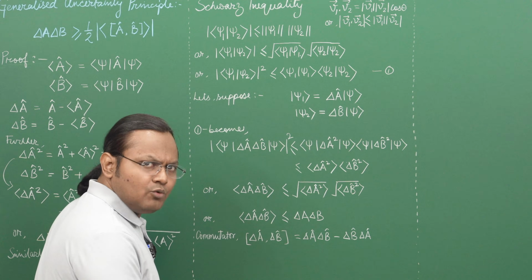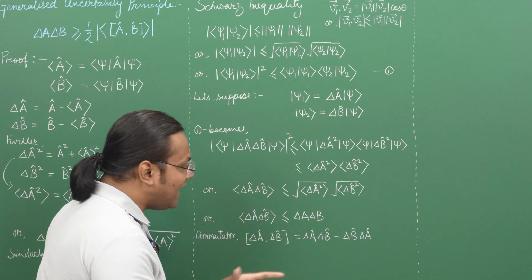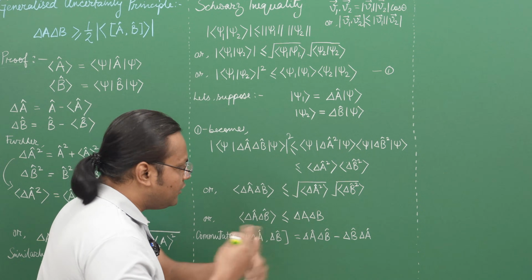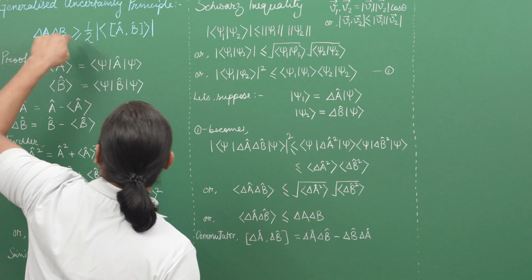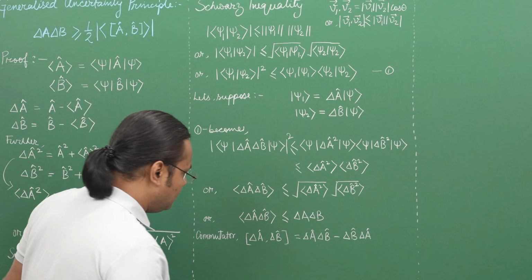If they're not equal to 0, we say that the operators do not commute. In fact, this property of whether operators commute or not will directly influence the uncertainty principle. We'll see that at the end of it.